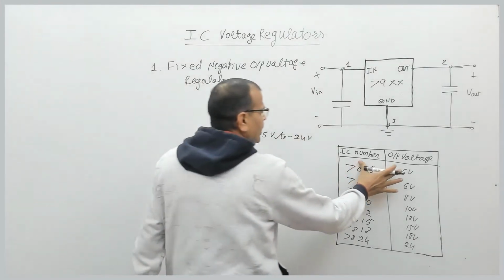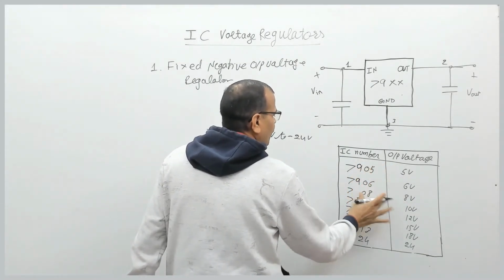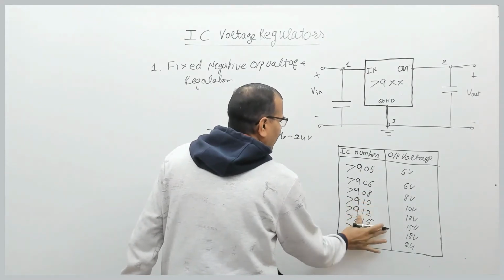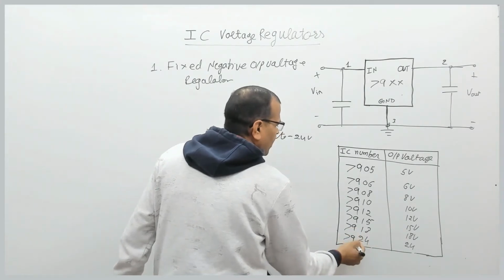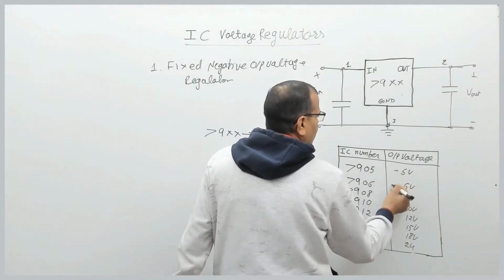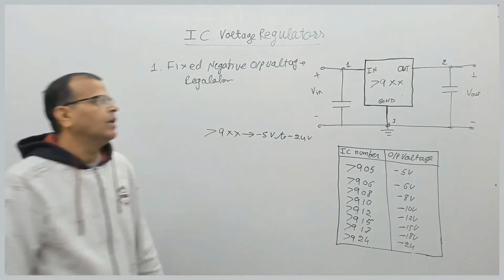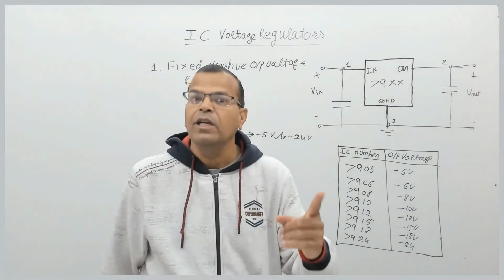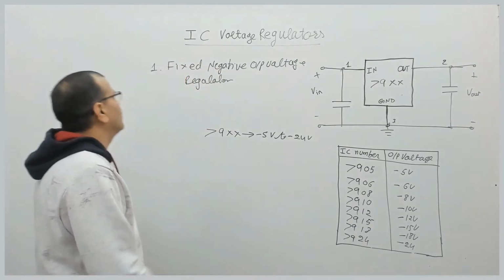The only change here will be, for example, 7908. Instead of 78 it will be 79. Everything is otherwise similar to the previous one. It will be negative voltage now. Fine. That is your 79XX, but its output voltage is again fixed. You are not able to adjust the voltage.